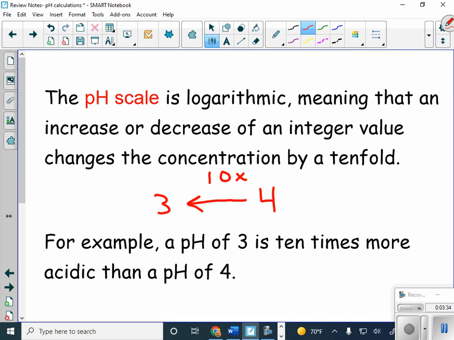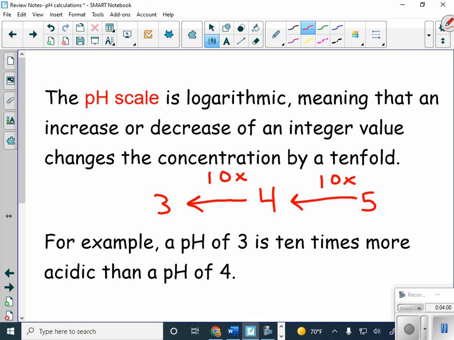Now, what if I would have 5 here? 5 is 10 times less acidic than 4. So how do 5 and 3 relate? Well, 3 is 100 times more acidic than 5.